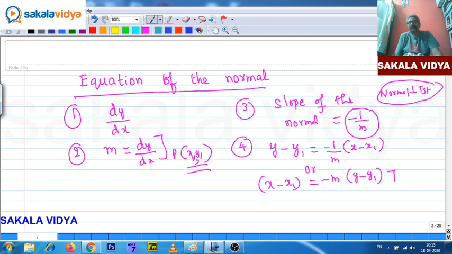So, this is the equation of the normal. In order to find the equation of the tangent or the normal, we need to follow the same procedure. First we need to find dy by dx. At the particular point we find the slope of the tangent, that is the m value.